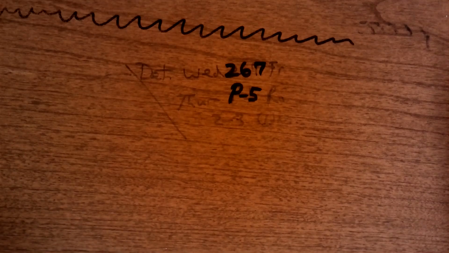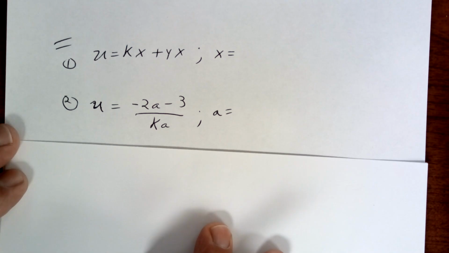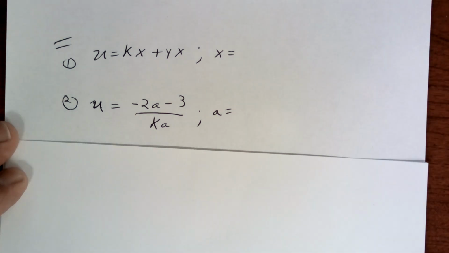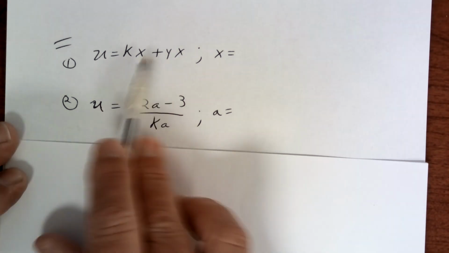Now that I have that, let's turn our attention now to college algebra. Let's try this. Yesterday, I taught you how to solve literal equations. So this one, you're looking for x. So what you're going to do is factor out an x right here.